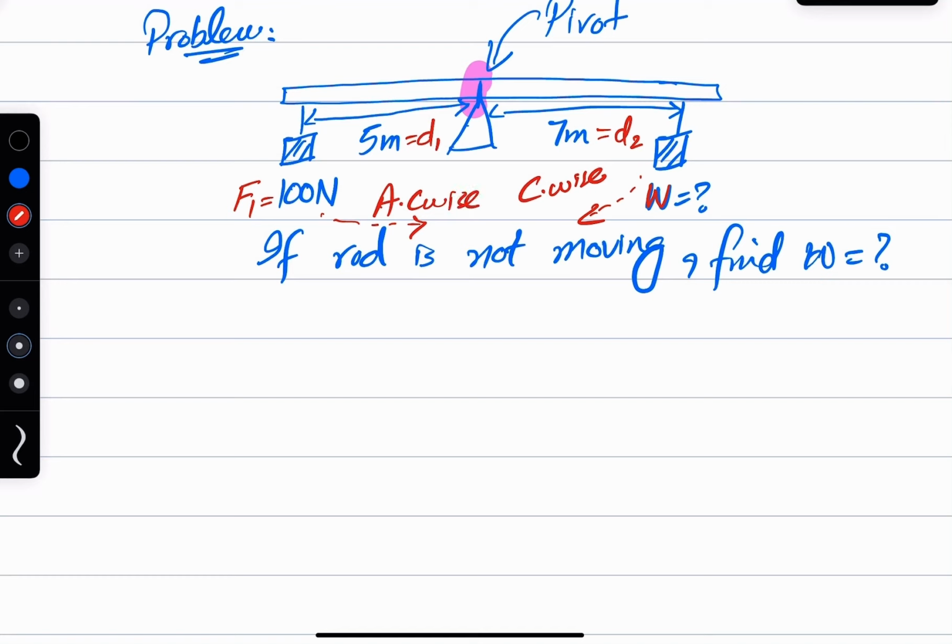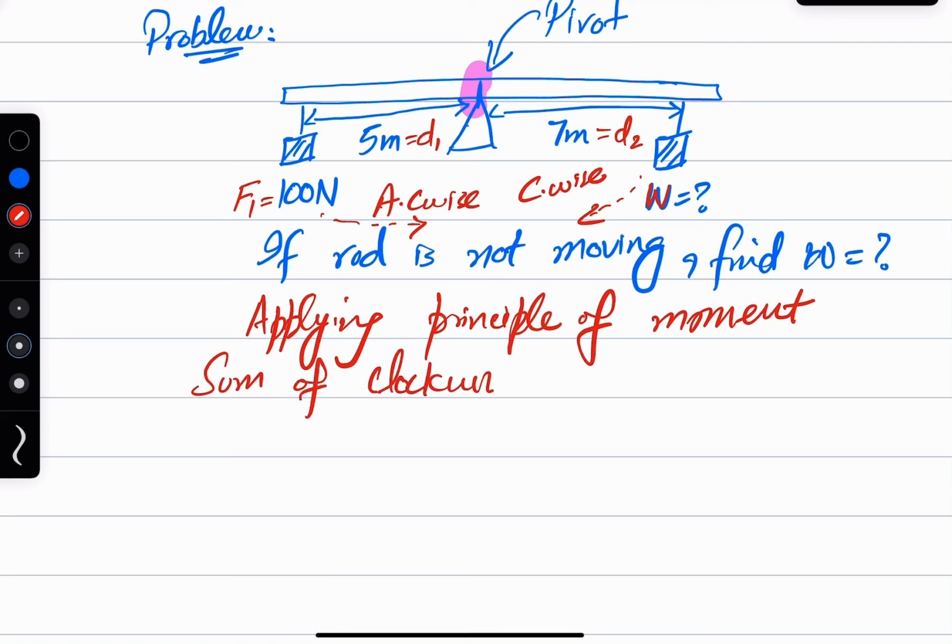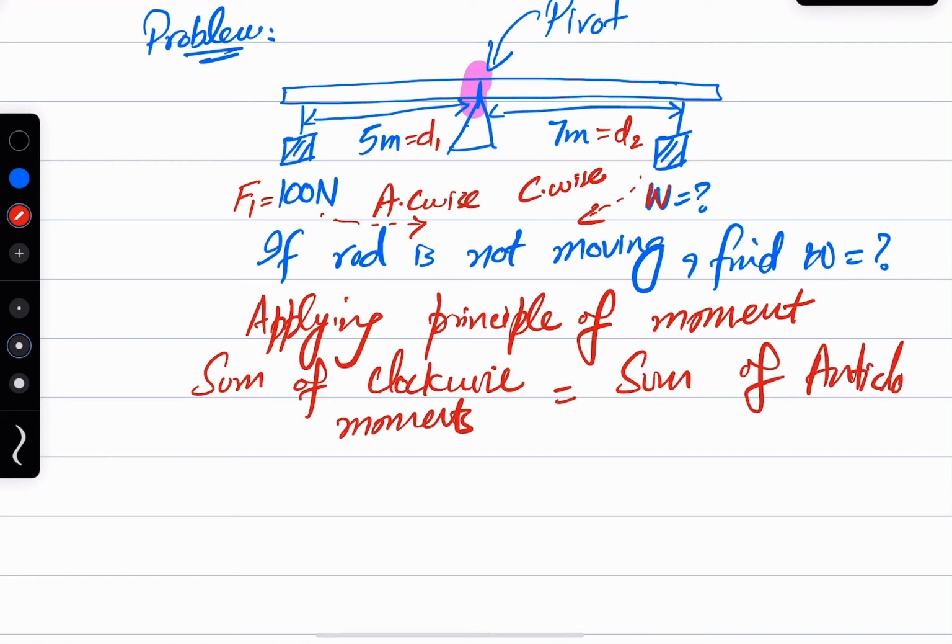So applying the principle of movement, the sum of clockwise movements is equal to the sum of anti-clockwise movements.